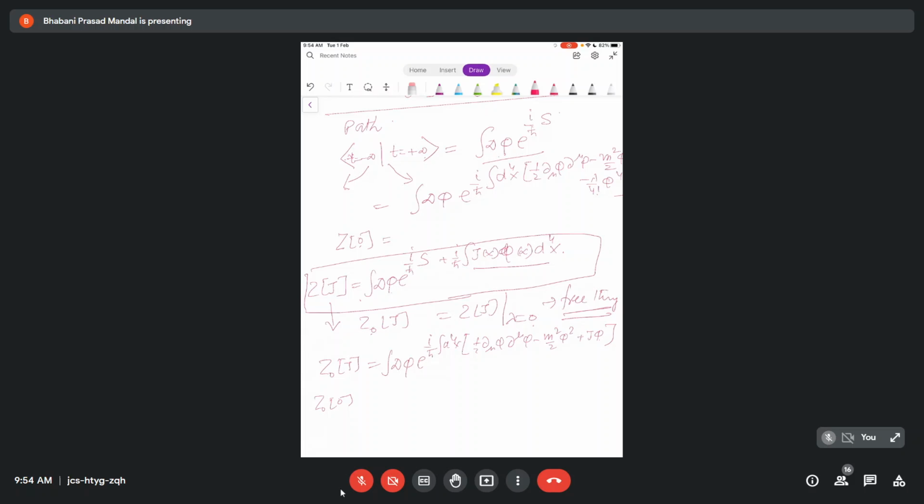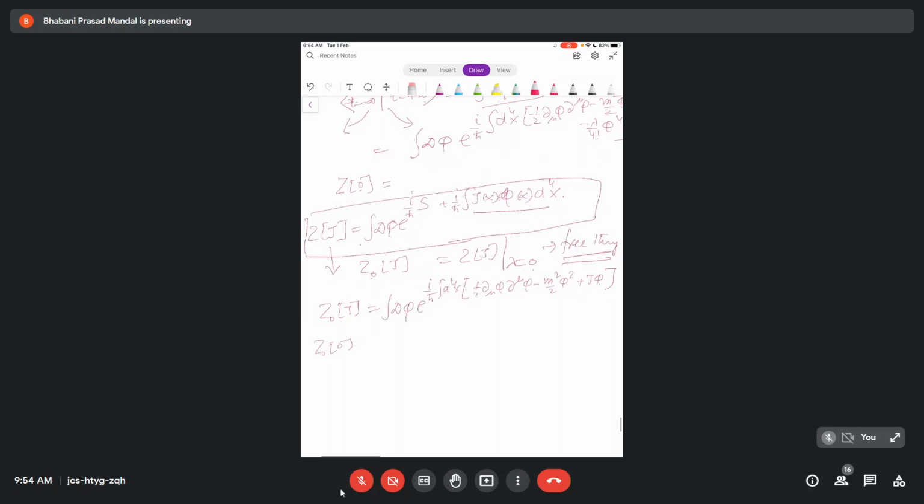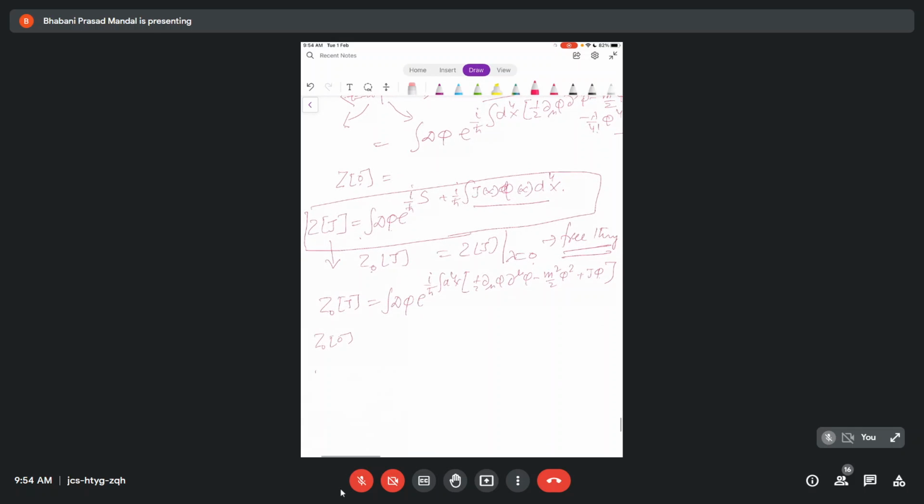Now in the next class, I'll prove one important mathematical result, which will show you that Z0 of J is nothing but Z0 of 0 times e to the power minus i by 2h-cut integral d4x d4x prime J of x GF of x minus x prime J of x prime.